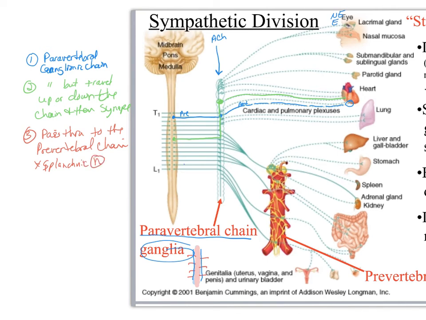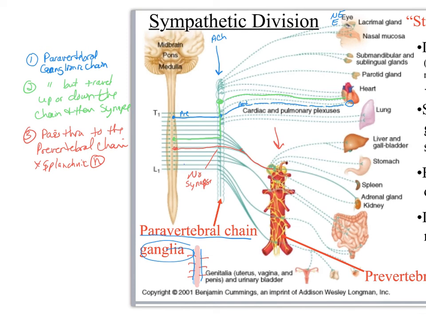Okay, so here we've got this. It's going to come up, all right? It's just going to go right through, no synapse, okay? Right through. This is where I've got the yellow right here.